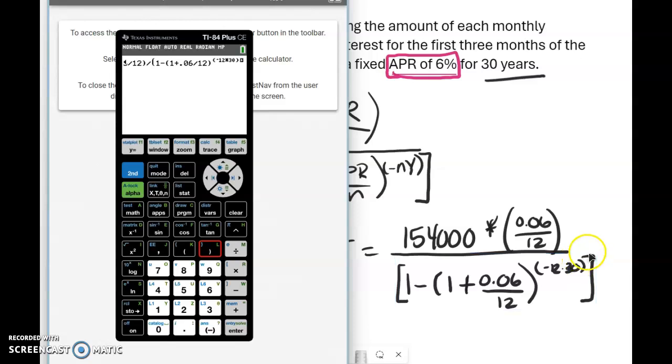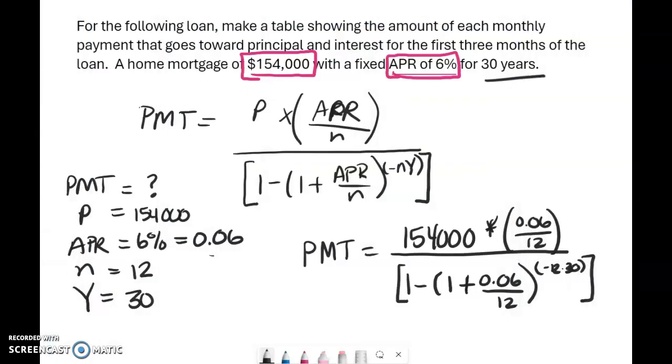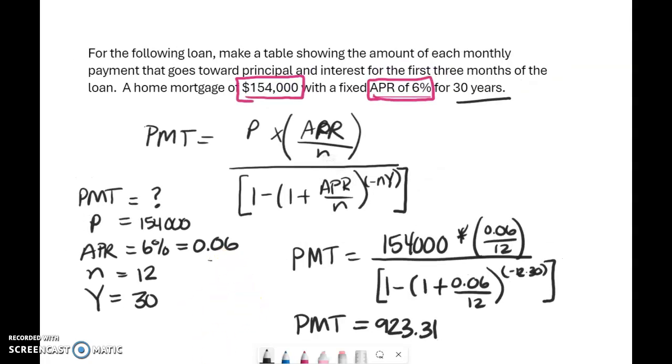And then in order to put this last bracket in, I have to right arrow over to get back to a normal line on this calculator and then close the parenthesis. So now that whole denominator has been put in there. Missing one thing, whether it is a plus sign or a parenthesis, is going to change the answer. I'm going to hit enter, and this is what I get for my monthly payment. So what I'm going to do is round that to the second decimal, which is the cents place.